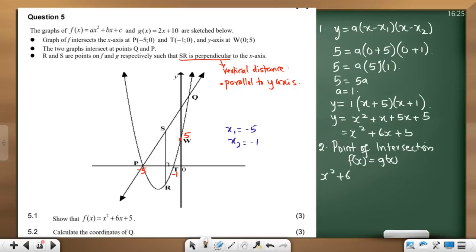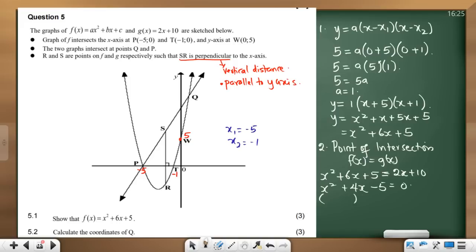Sorry. Okay, plus 6x plus 5. What is our g of x? 2x plus 10. Let's quickly work it out. If I move the 2x over, it will become a negative. 6x minus 2x will give me 4x. 5 minus 10 would give me negative 5.